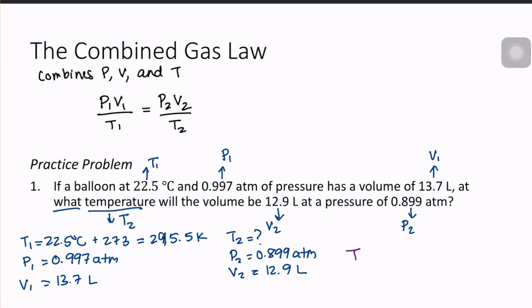So T2 is going to be equal to P2 times V2 times T1 divided by P1 times V1. Now we have our plug and chug situation. So I can plug all of my variables in.